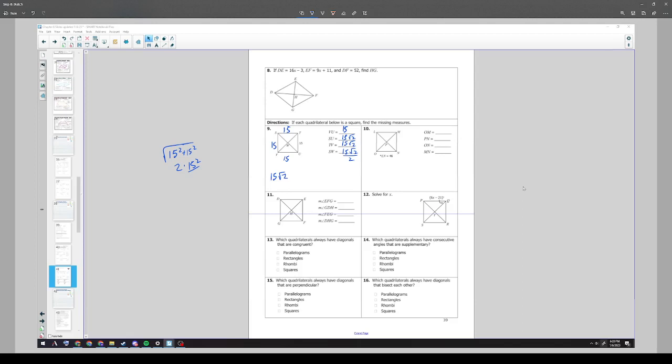Just as a thing to have in your head, square root of 2 is probably the most useful one to, if not memorize, know roughly how much it is. So square root of 2 is 1.414. I said you should know it, and then I totally forgot it. So square root of 2 is about 1.414, and it's nice because it's just repeating numbers, so it's kind of easy to remember.